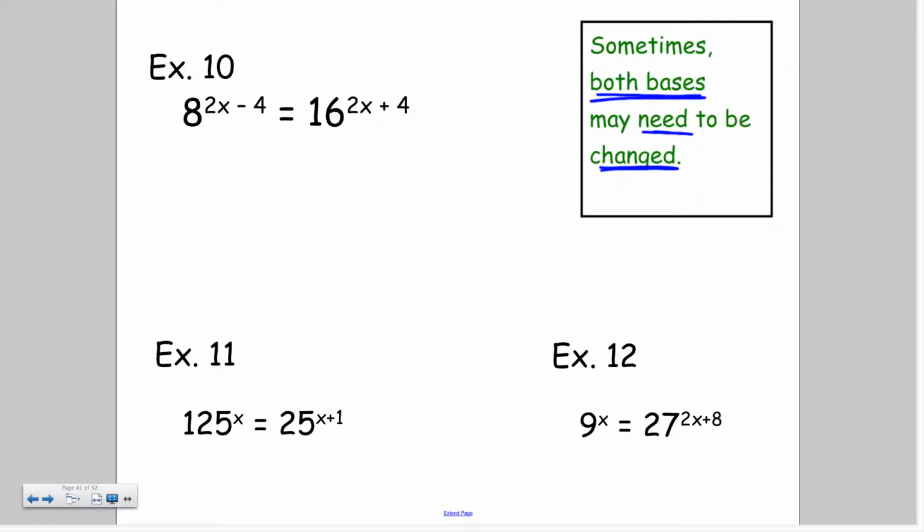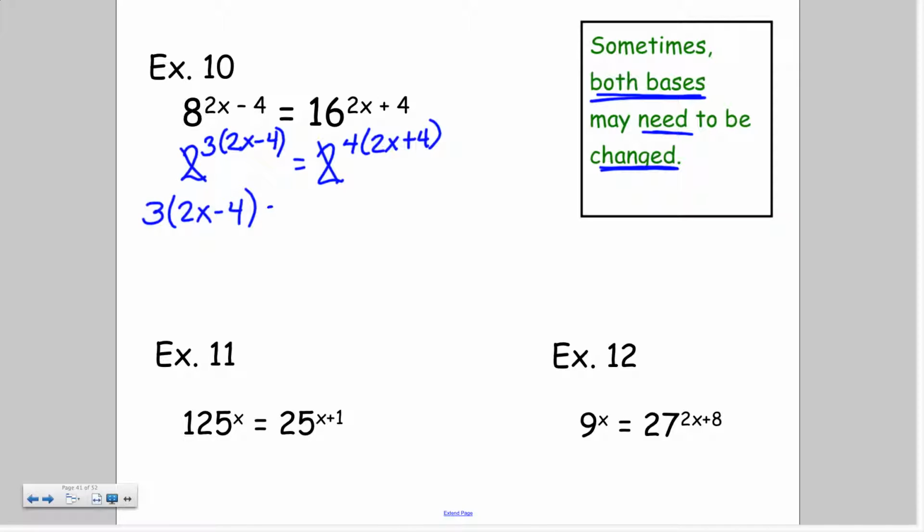Okay? So this one's going to end up being 2 to the third. We're going to keep the 2x minus 4, is equal to 2 to the fourth and keep the 2x plus 4. All right. My bases are the same, so I'm going to cancel those out. And I have 3 times 2x minus 4 is equal to 4 times 2x plus 4.